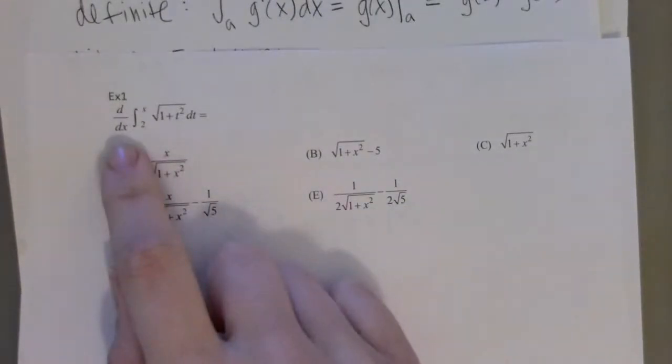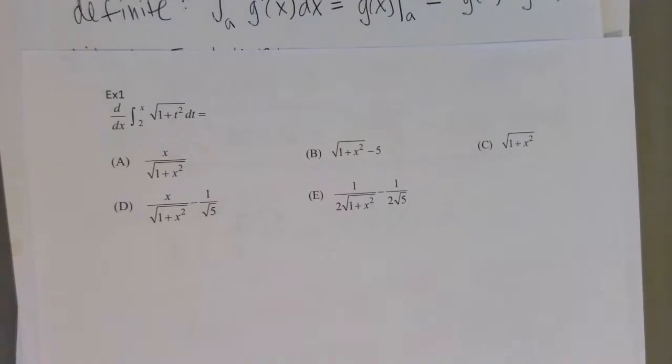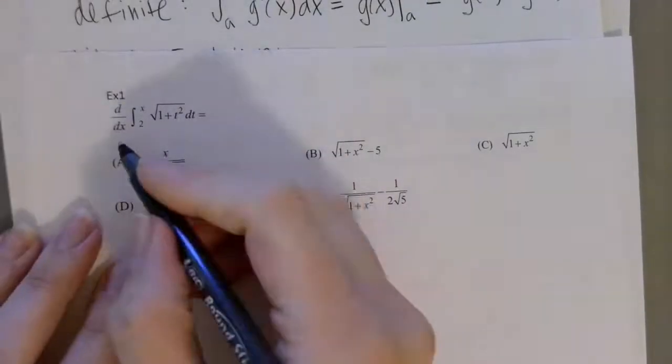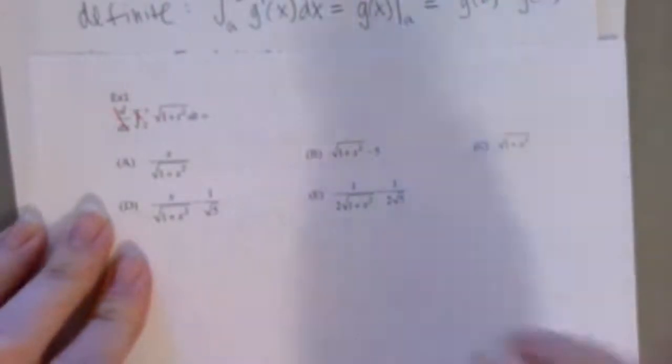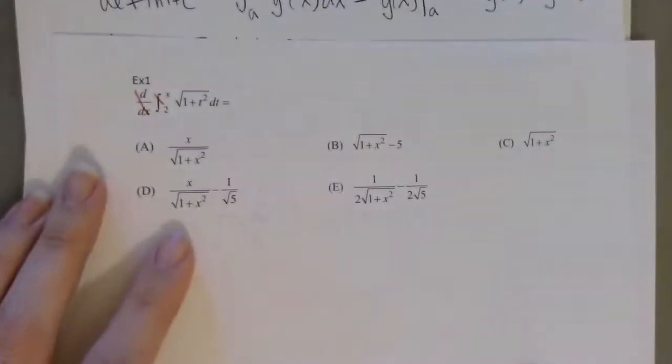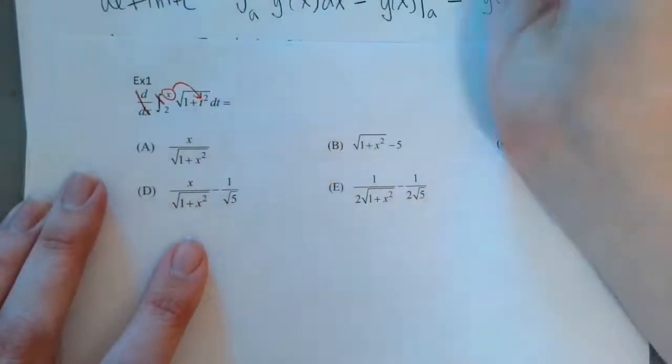Okay, so example 1. Got the derivative of the integral from 2 to x of the square root of 1 plus t squared dt. Okay, I see the derivative and the integral. The derivative and the integral cancel out. Now, all I have to do is take the bound and plug it in.